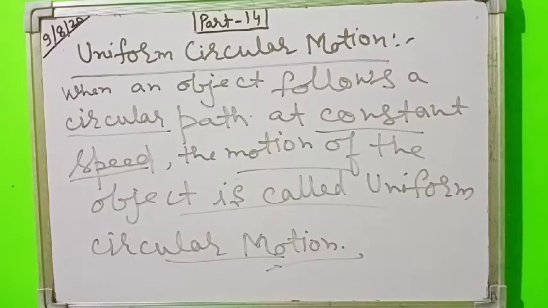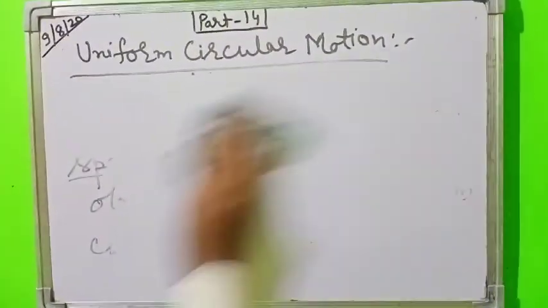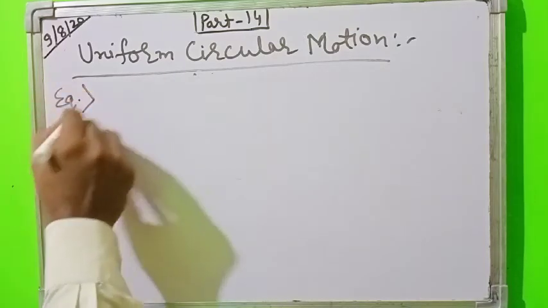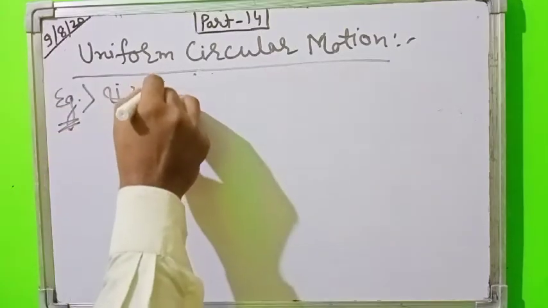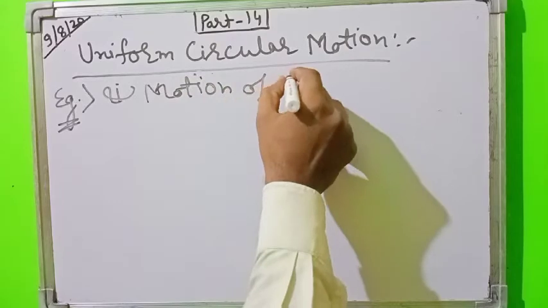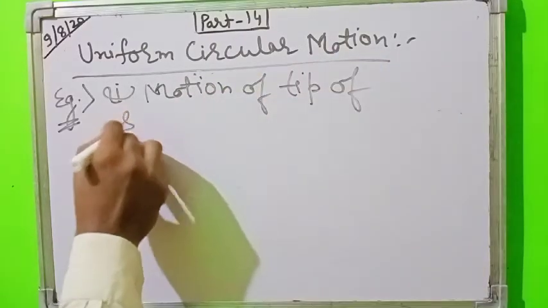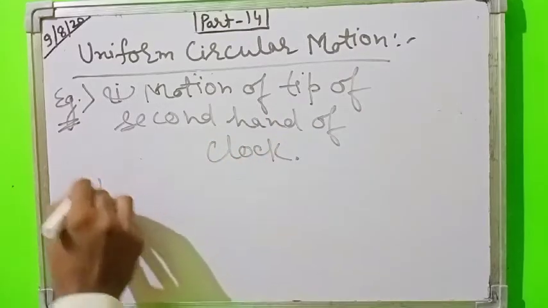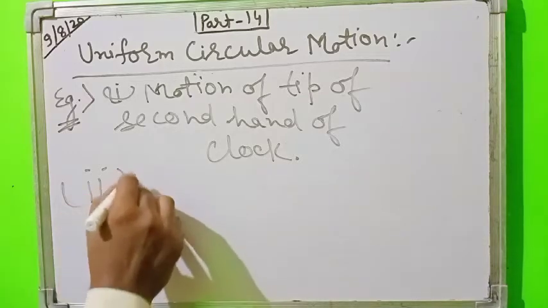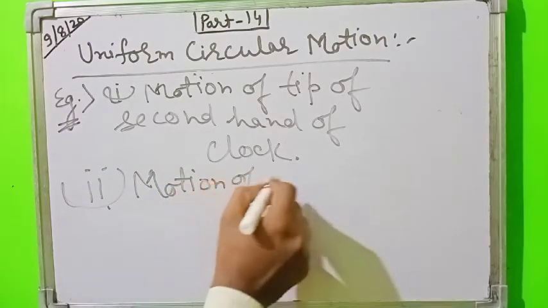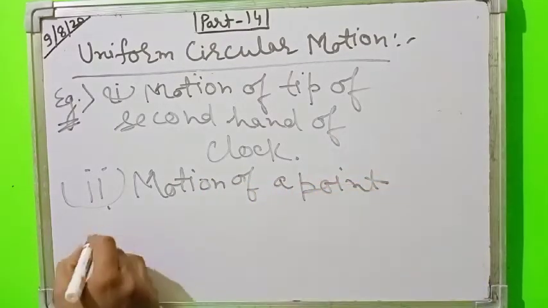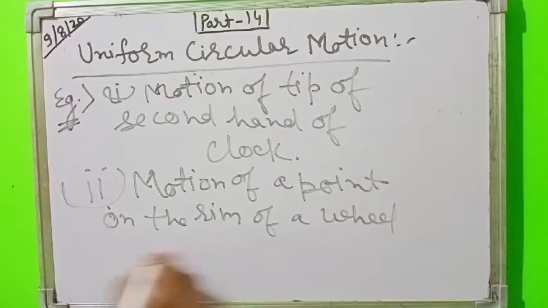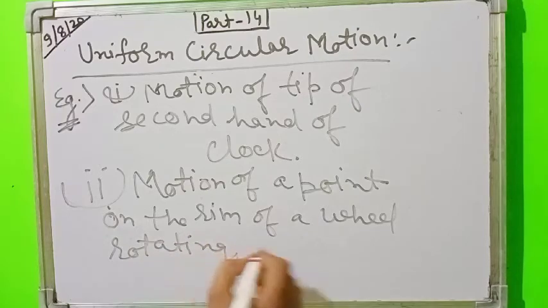Some examples of uniform circular motion: first, the motion of the tip of the second hand of a clock, and the second one is the motion of a point on the rim of a wheel rotating uniformly.